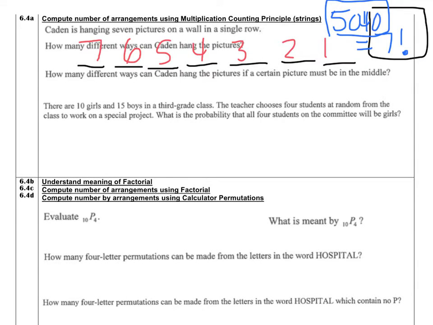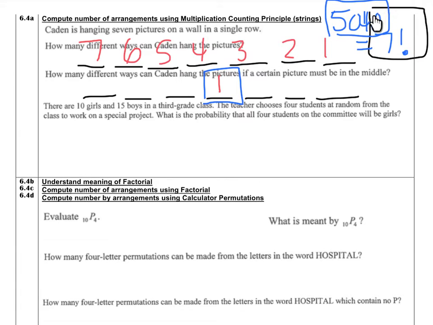So again, let's go back to the table here and determine that there's one picture that must be hung in the middle. So if I do the 7 spaces, 1, 2, 3, 4, 5, 6, 7, the middle picture is right here. And if he knows it's a certain picture, there can only be one choice to put there. So now he goes to fill in this space on the wall.